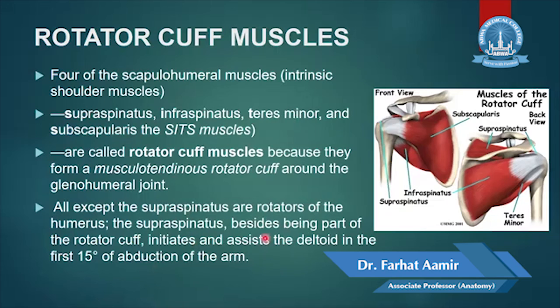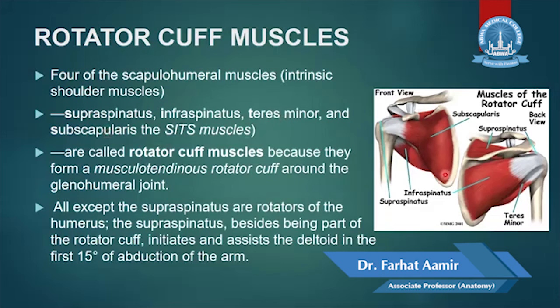This point is very, very important: supraspinatus is not a rotator, but it is the abductor of the first 15 degrees of abduction of the arm, and it assists the deltoid in abduction. The other three, infraspinatus, teres minor, and subscapularis, are rotators.